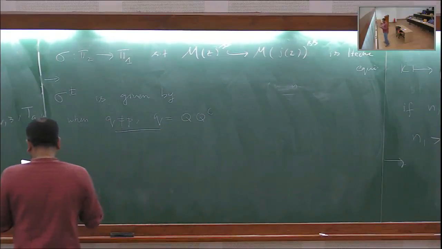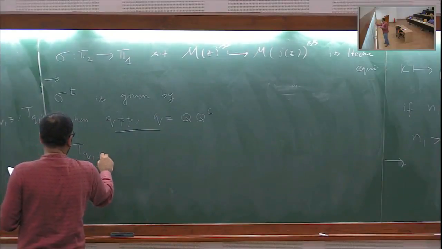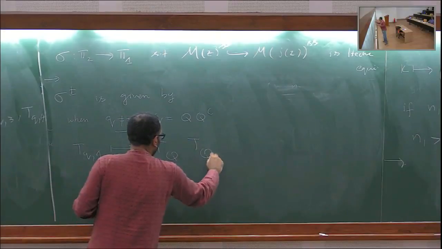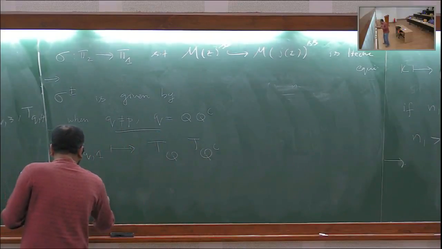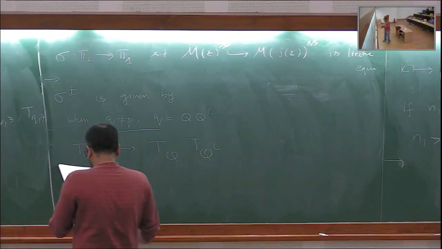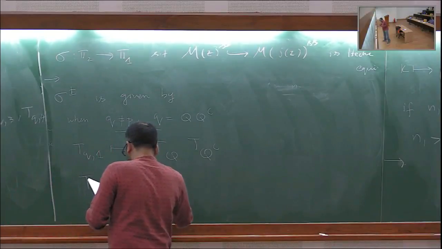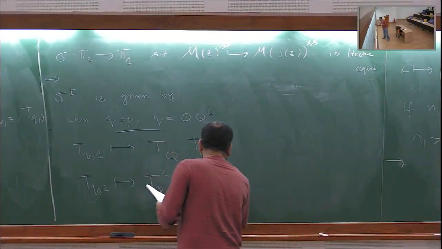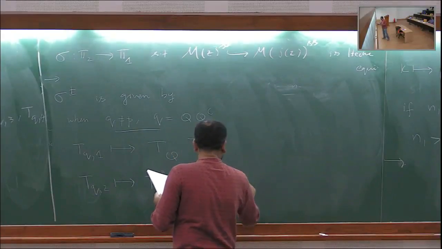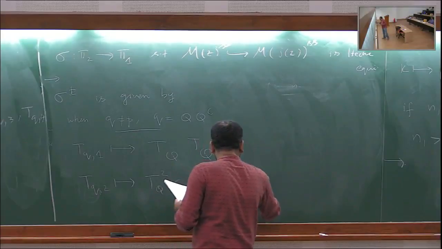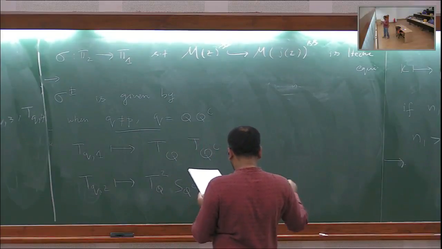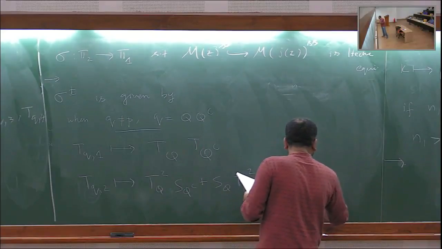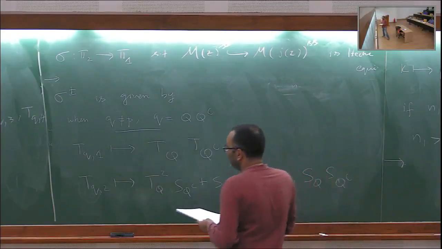So in this case, I have to send Tq1 to Tqc, Tq2 to q square Sqc plus Sq, Tqc square minus two q Sqc.